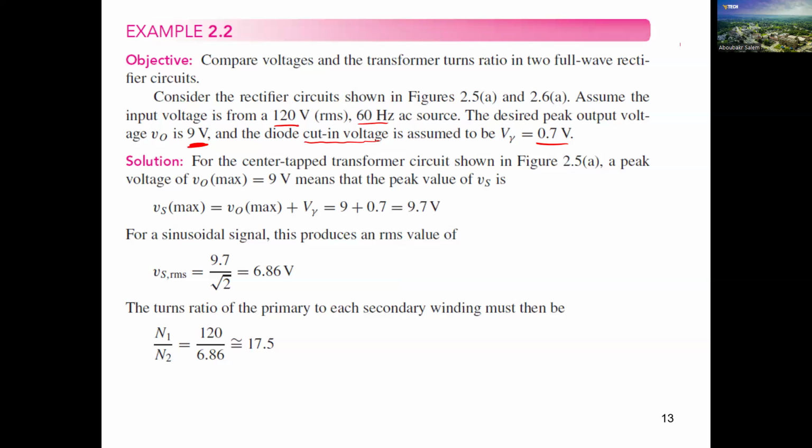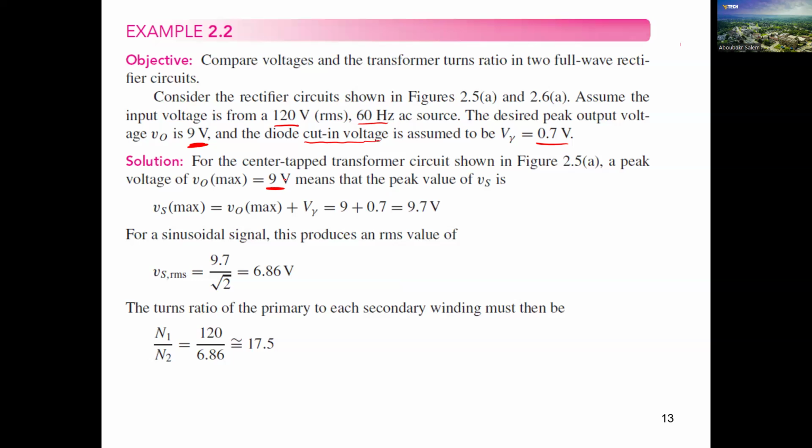So let's compare the circuits together now. Let's start with the center tap one. For the center tap circuit, the peak volt is required to be 9 volts. So 9 volt is going to be V out plus V gamma.